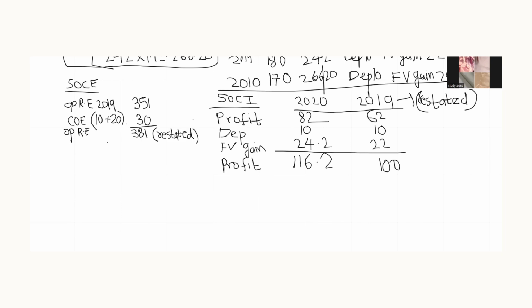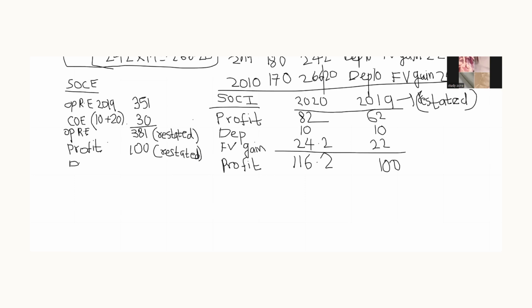Now we have the profit for 2019. That's also restated, it's 100 as we calculated. Then we have the dividend paid out in 2019. It's 15 rupees and will be deducted from retained earnings.